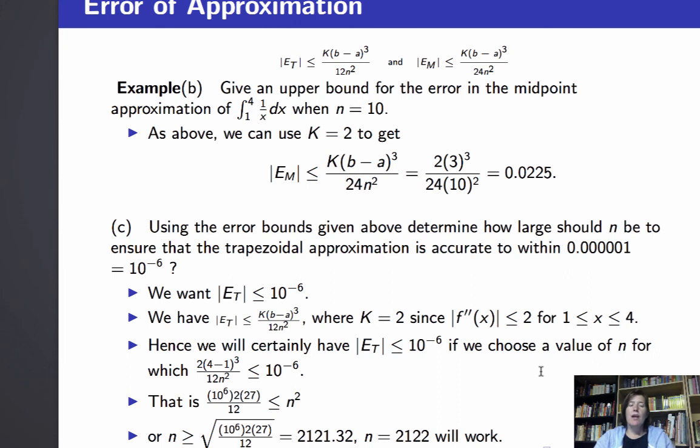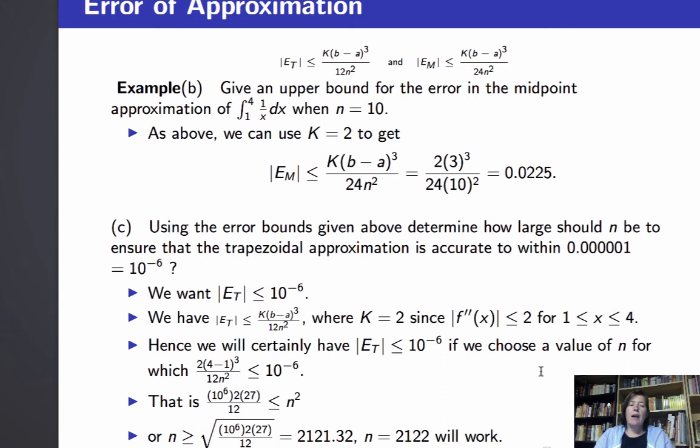So if we choose n equals 2122, then its square is going to be bigger than or equal to 10 to the 6 times 2 times 27 over 12. And with that n, we're absolutely sure that the error from the trapezoidal approximation is less than or equal to 10 to the minus 6.